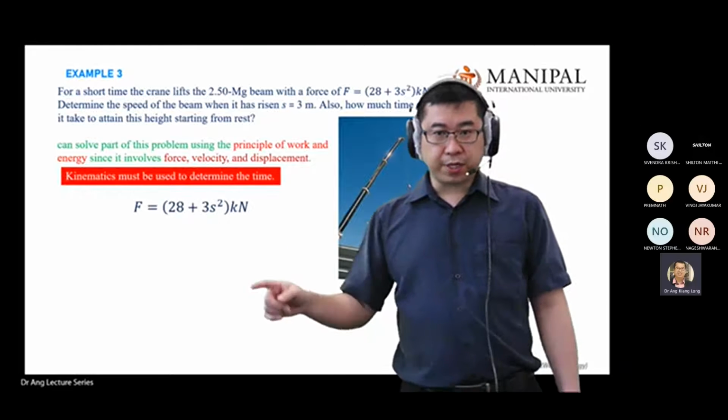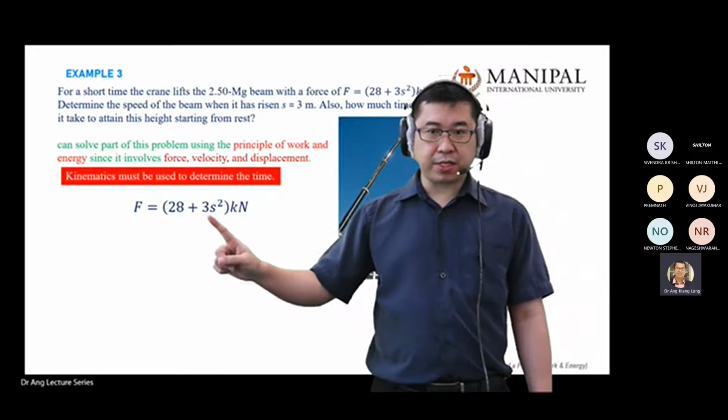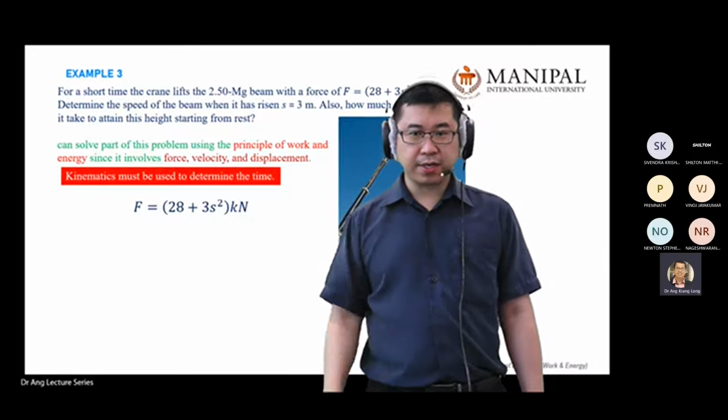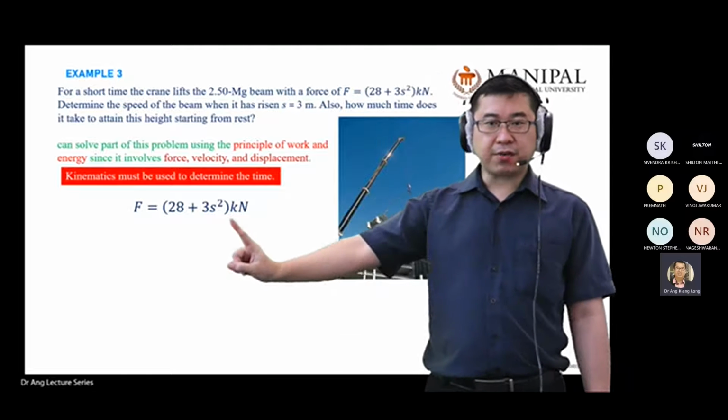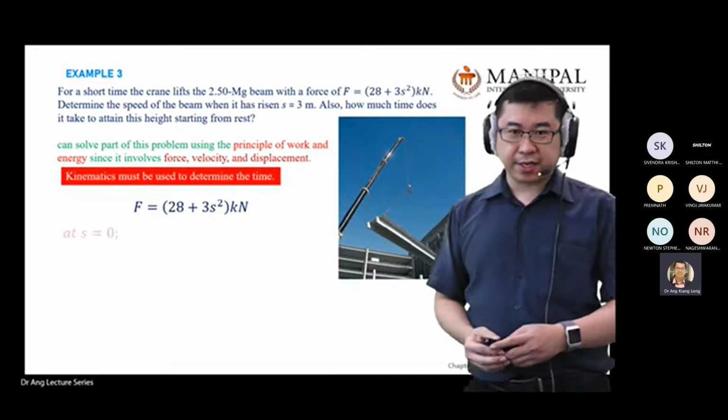So we have our force here. We have a force F equal to 28 plus 3s squared kilonewton. Here it is kilo. So if you miss out the kilo, the rest of the answer will be wrong already.